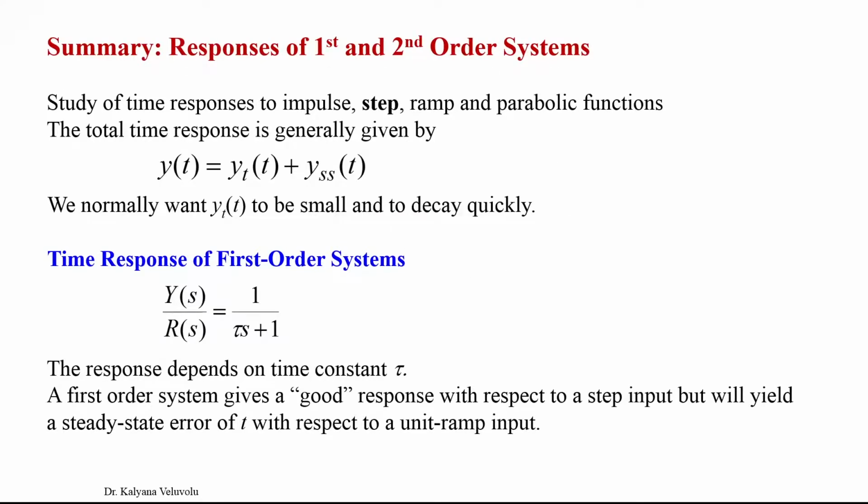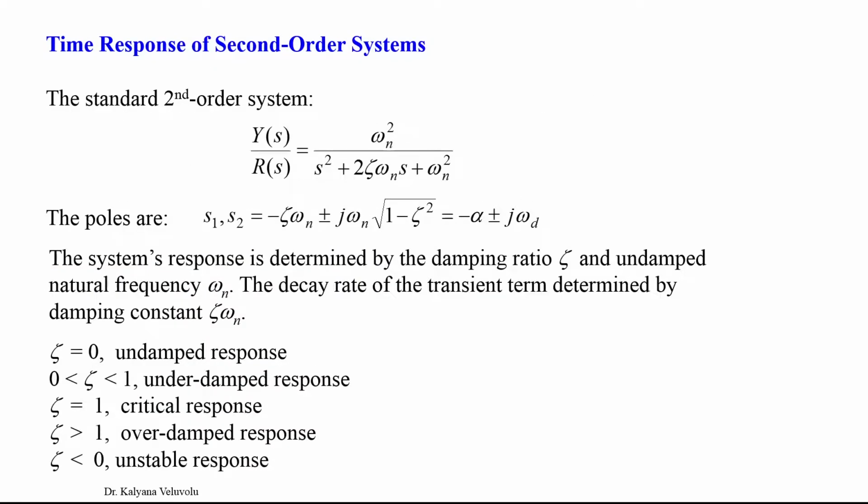With that, we are almost at the end of time response analysis. So what we have learned in time domain analysis is, we studied impulse, ramp, parabolic functions. We analyzed what is steady state and what is transient part, and then we analyzed the time response of first order systems. The most important is time response of second order systems.